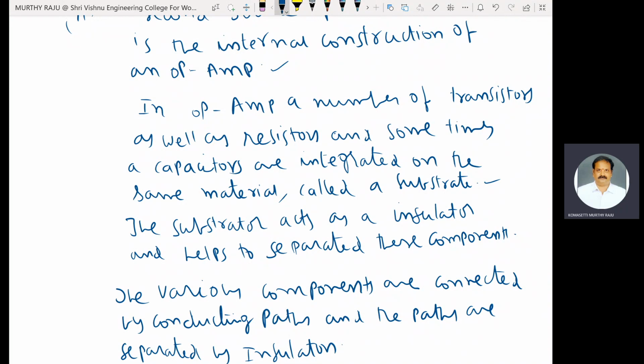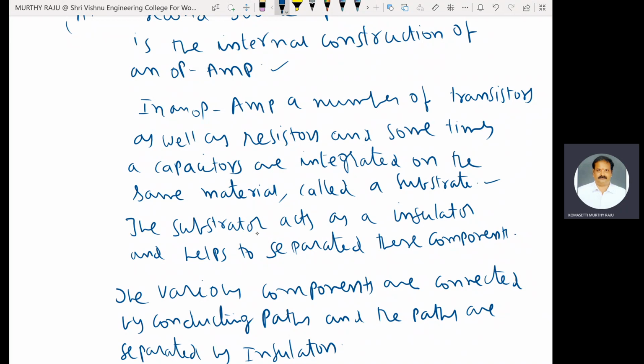In an op-amp, a number of transistors as well as resistors and sometimes capacitors are integrated on the same material, called the substrate. The substrate acts as an insulator and helps to separate these components.